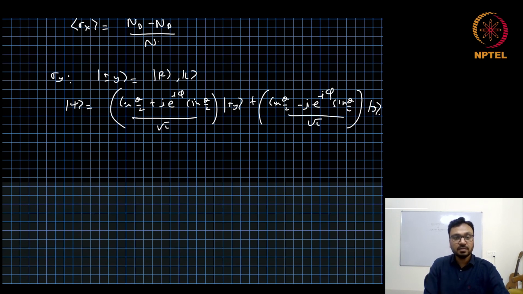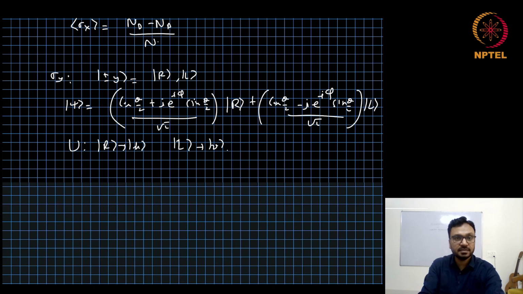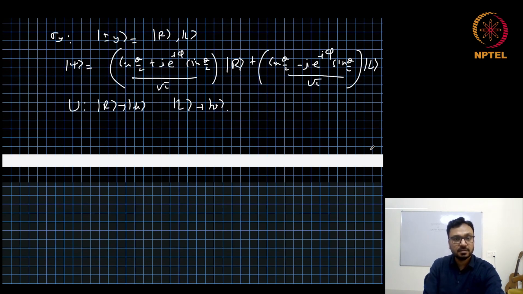Let me write it in terms of R and L. We can find a unitary which takes R to H and L to V, and that is nothing but our quarter wave plate.